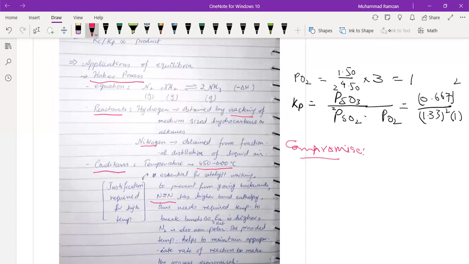It is not too high regarding the triple bond in N2. So basically, this is the justification. Is it clear?